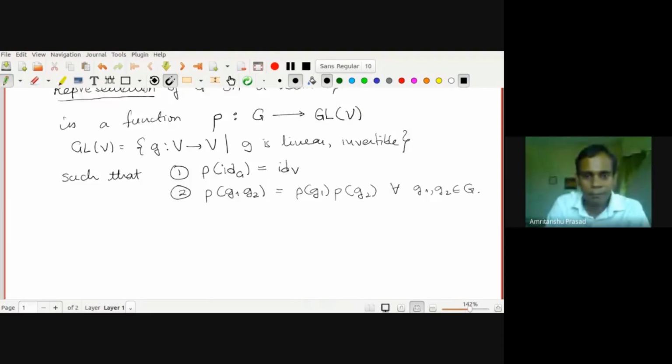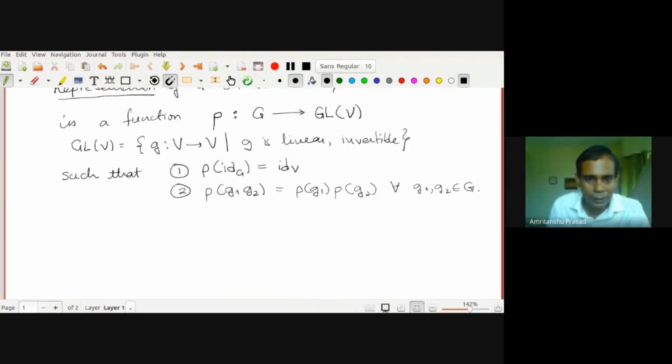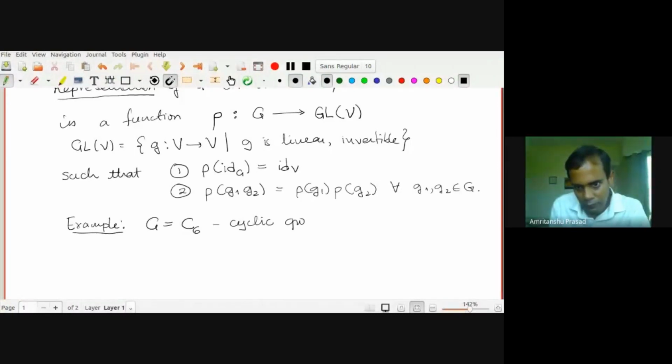Okay, so that's the definition of a representation. Let me give you an example of a representation. Let's take G to be the group C6, the cyclic group of order 6. I like to think of it as also the integers mod 6.